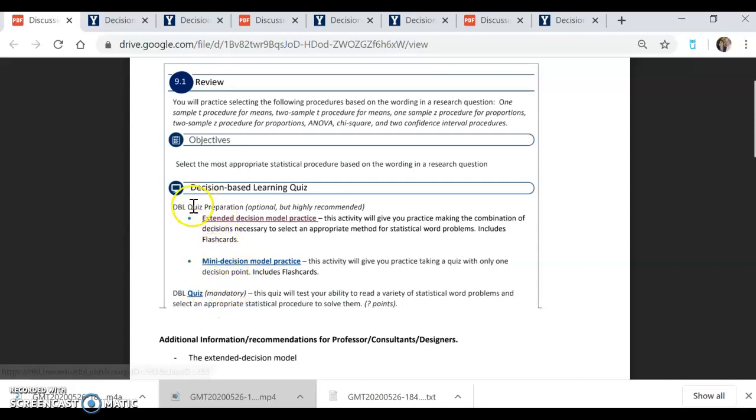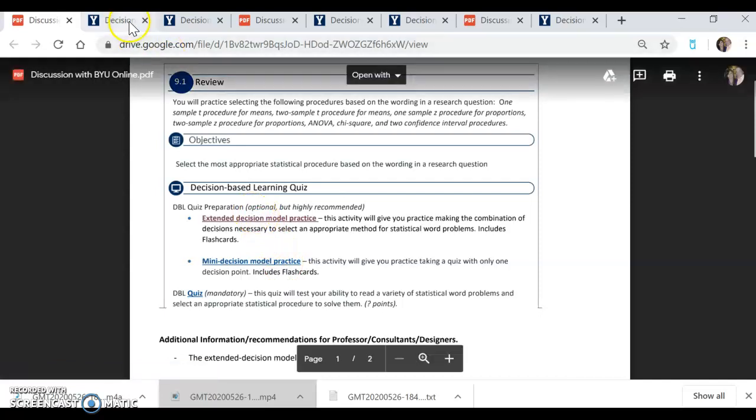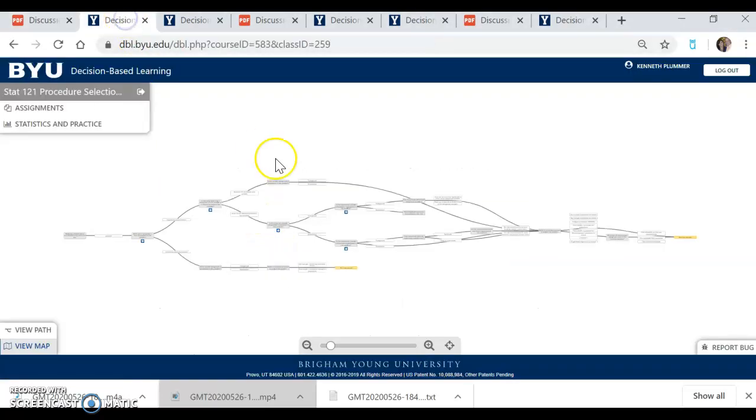And then the optional, but we say highly recommended, is to engage in one of these two or both. Let's imagine a student wants to do both. So here's what it would look like. You have the extended decision model practice and the mini decision model practice. When they click on the extended practice, this is the model that they will see.